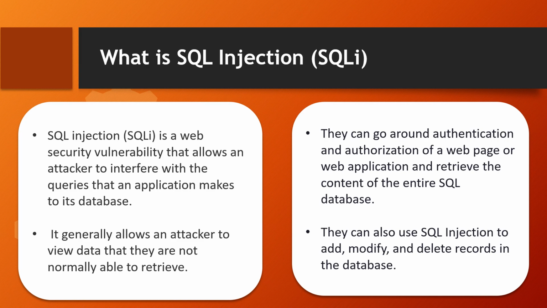They go around the authentication and authorization process of the web pages of your web application, and they retrieve and view sensitive information by using SQL queries on your SQL database. They can use SQL injection to add, modify, delete, or update data, or they can just destroy your data. This could be their purpose of doing this kind of injection into your database.